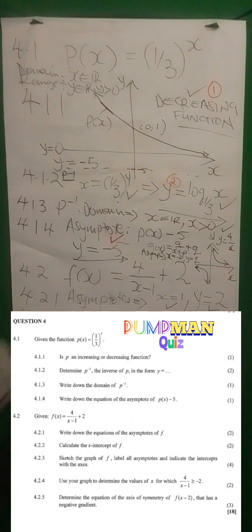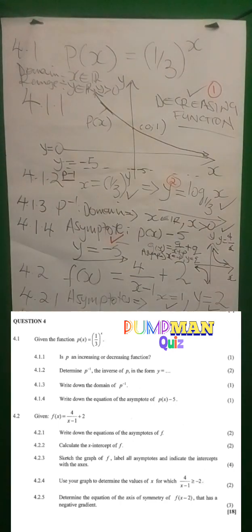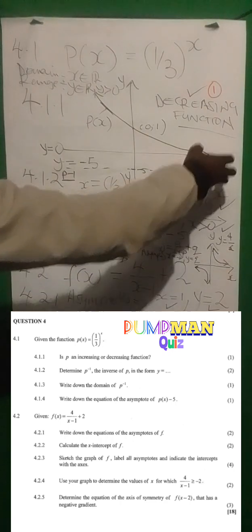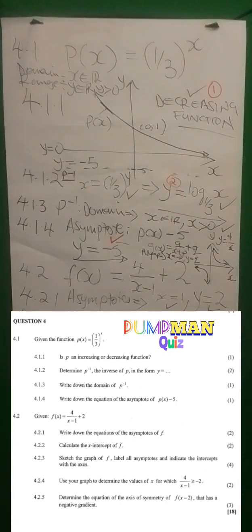What is the difference between y is equal to 4 over x and y is equal to 4 over x minus 1 plus 2? We are subtracting 1 from x, which causes this graph to shift by 1 unit to the right. And we are adding 2 to the entire function, which causes this graph to shift by 2 units upwards.